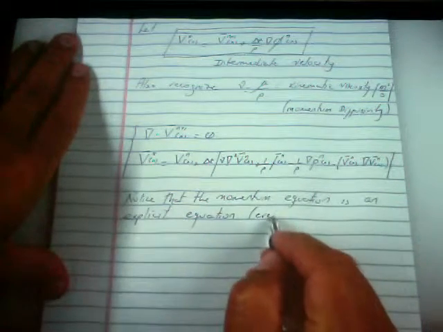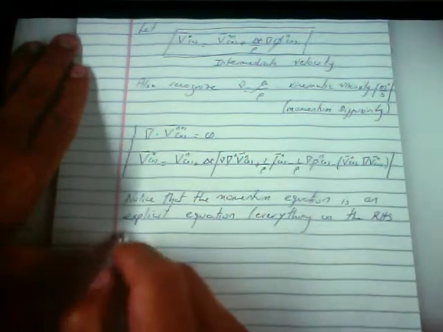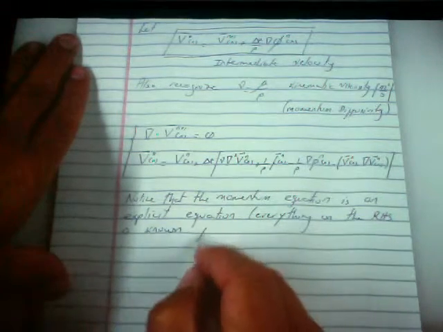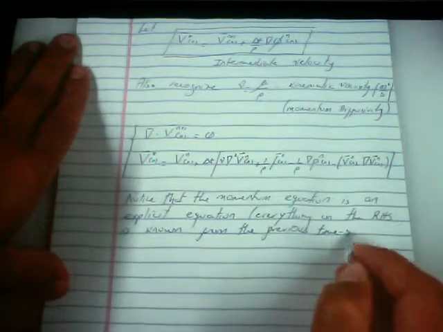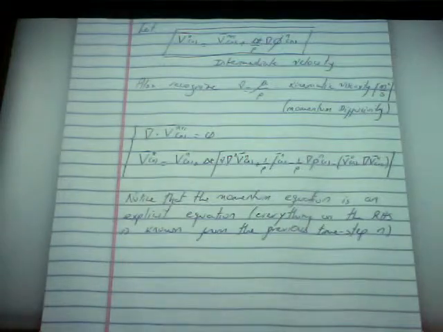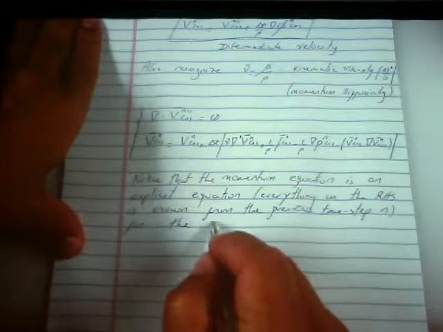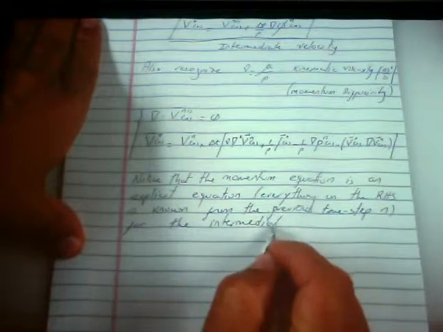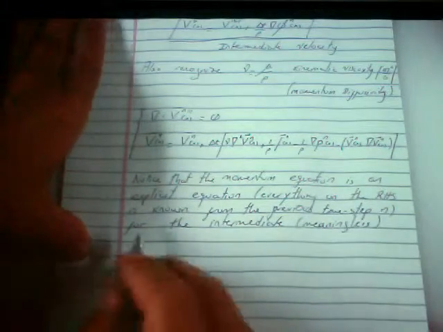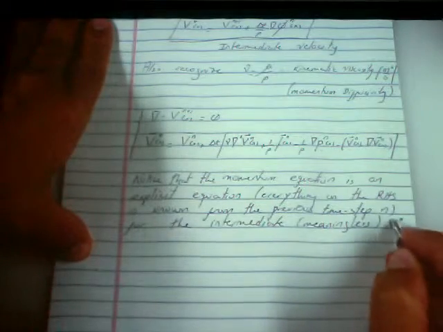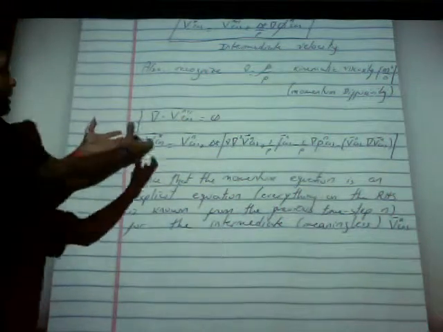That means everything on the right-hand side is known from the previous time step, and it is an explicit equation for the intermediate, meaningless V star. We don't even know what that V star means. It's just we are advancing in time and we get V star.